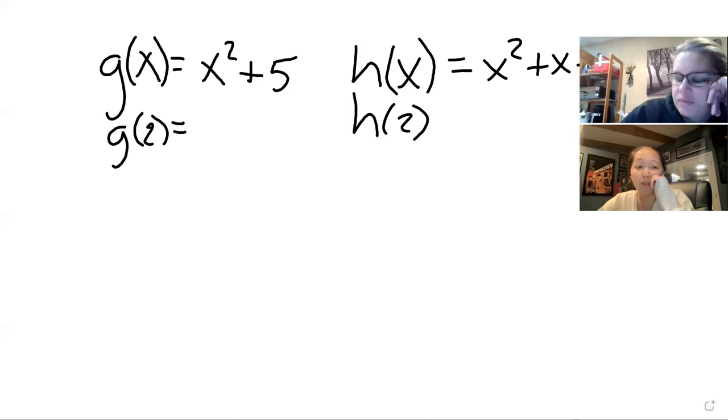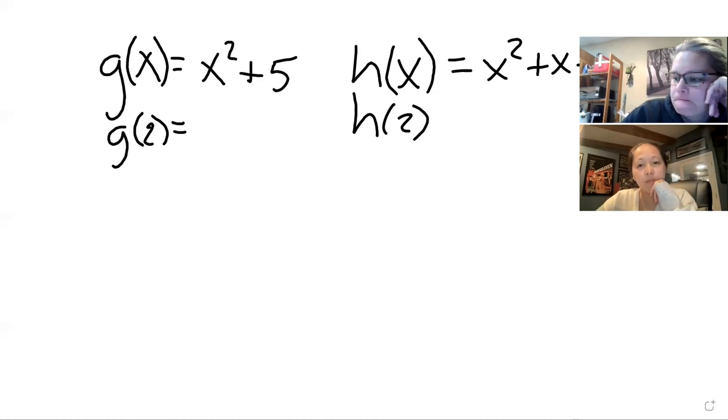Or if you really want to, you can give them an algebra 2 problem and do f of g of x, but real simple. Right. So for the groups that have clearly moved on and are really getting it, that's the next challenge before you're ready to bring a whole group together.